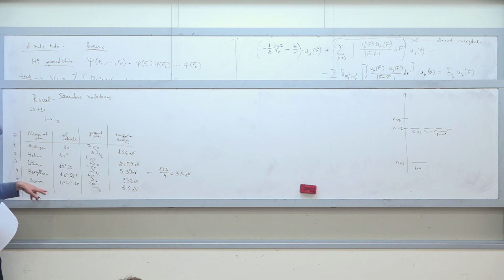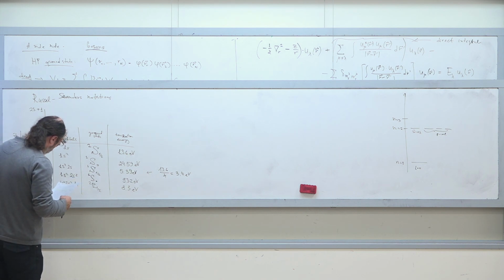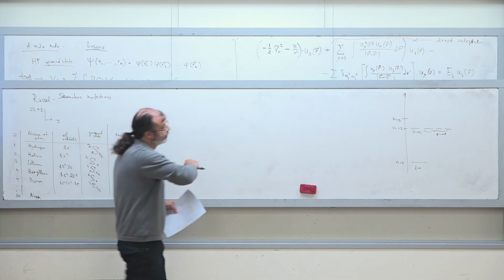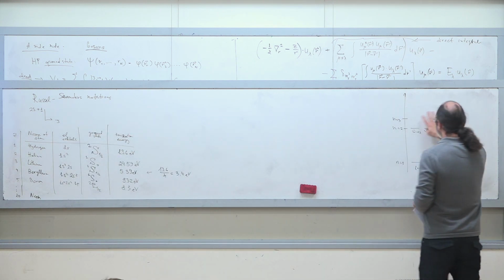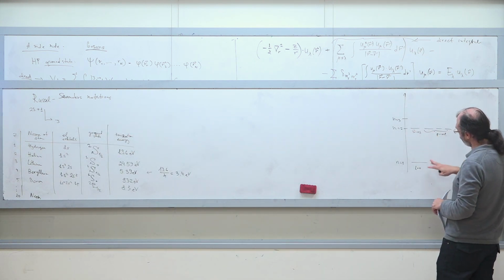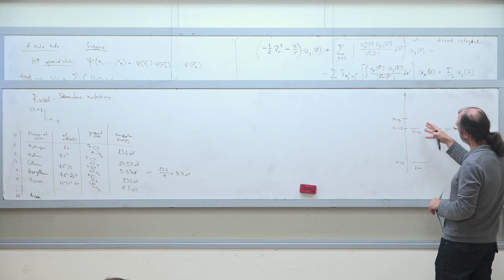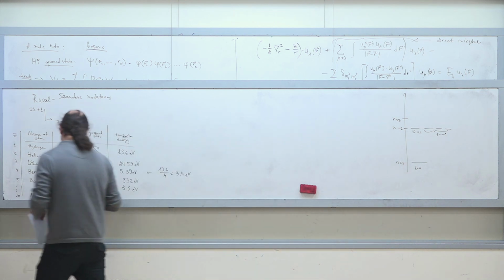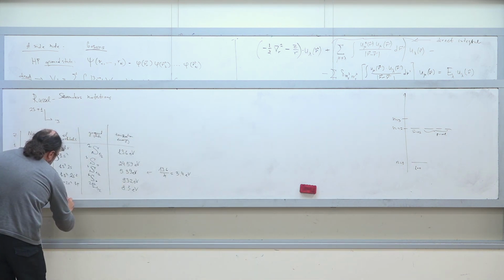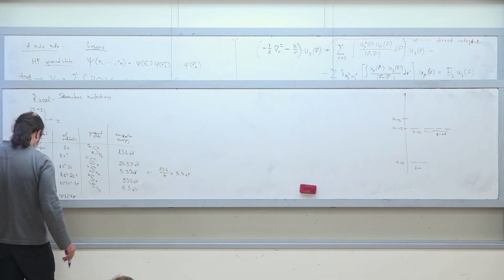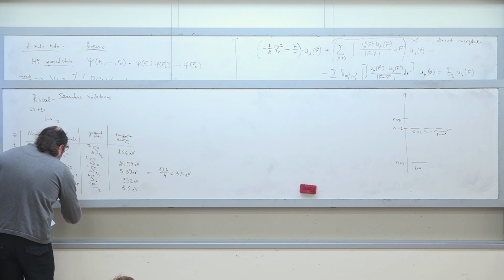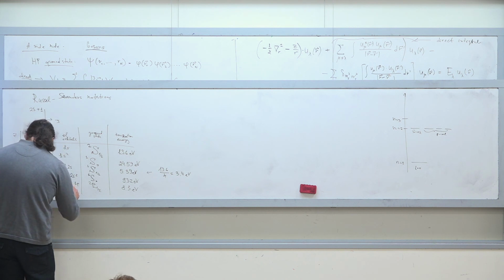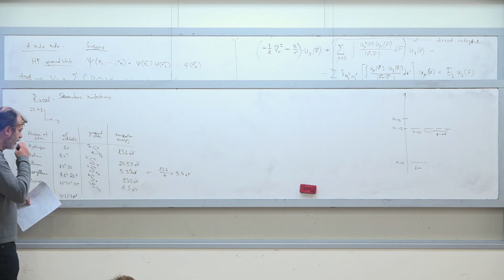This neon has a fully packed electronic system: 2 electrons here, 2 here, 2 here, 2 here, 2 here, right? So that's why it's 10. We have 1s2, 2s2, and 2p6. This is 2p, with 6 electrons on it.